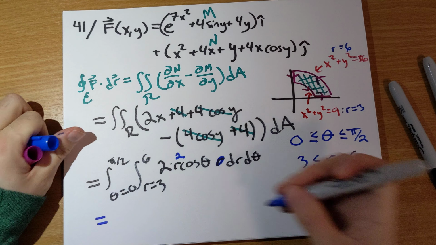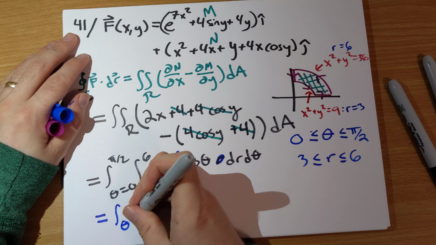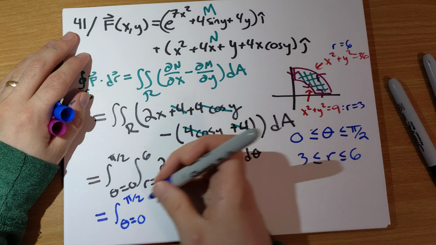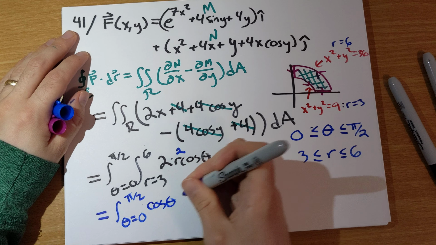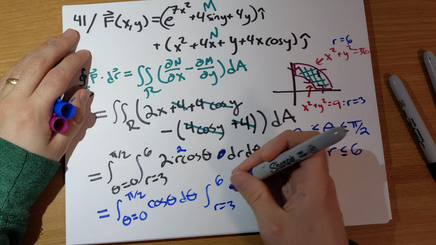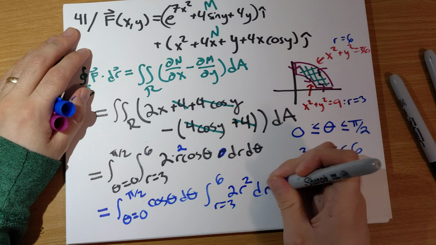Okay, so we just need to evaluate this. This integral should factor as the integral with theta from 0 to pi over 2 of cosine theta d theta, times the integral with r from 3 to 6 of 2r squared dr.